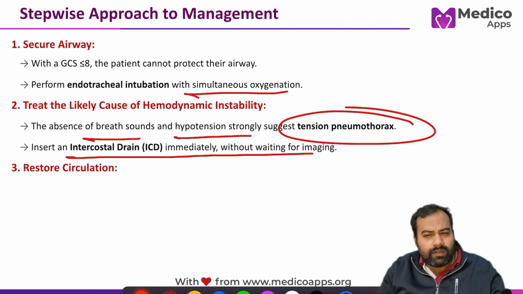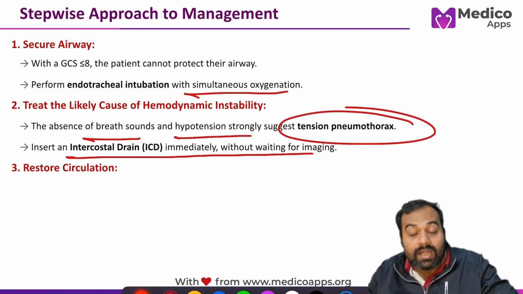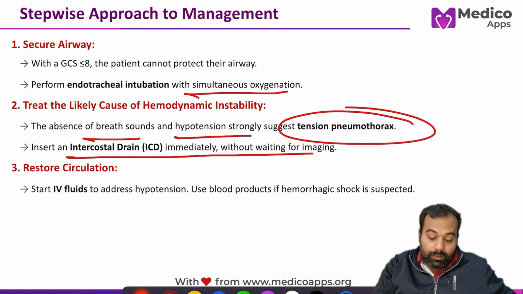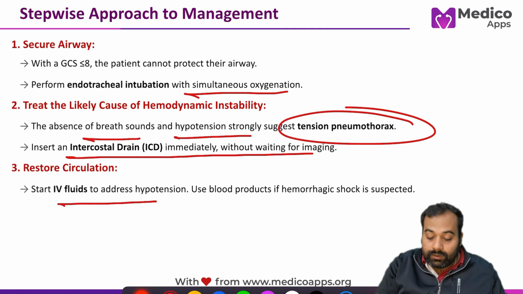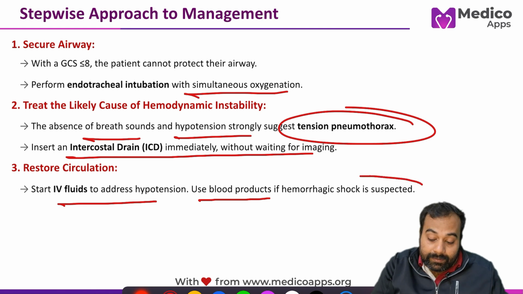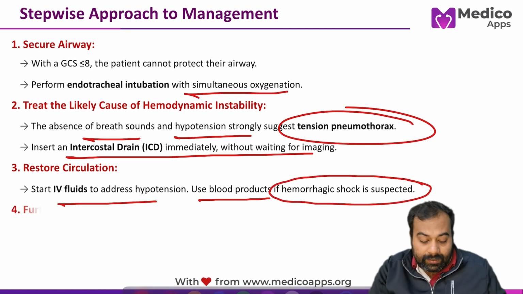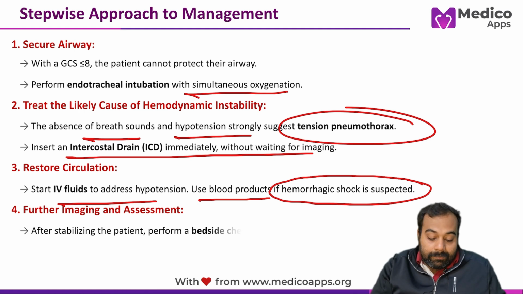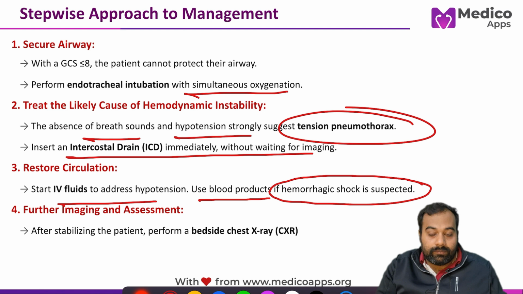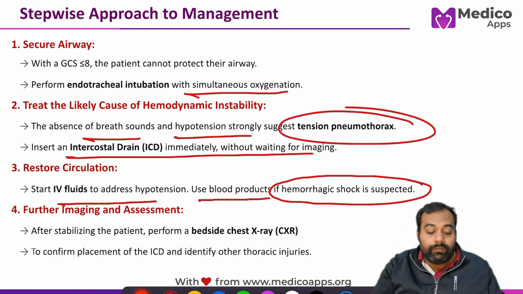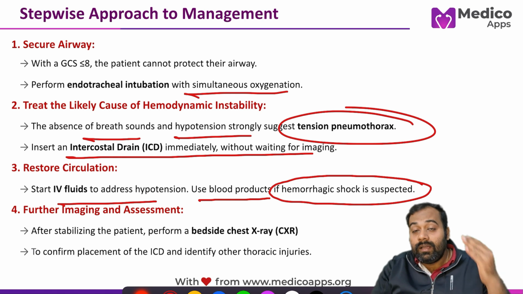The patient is already suffering from a weak pulse and hypotension, so you can put the patient on IV fluids to address the hypotension, and then you can use blood products if there is any presence of hemorrhagic shock, right? Further imaging and assessment can be done after stabilization of the patient. So these are the steps of management.